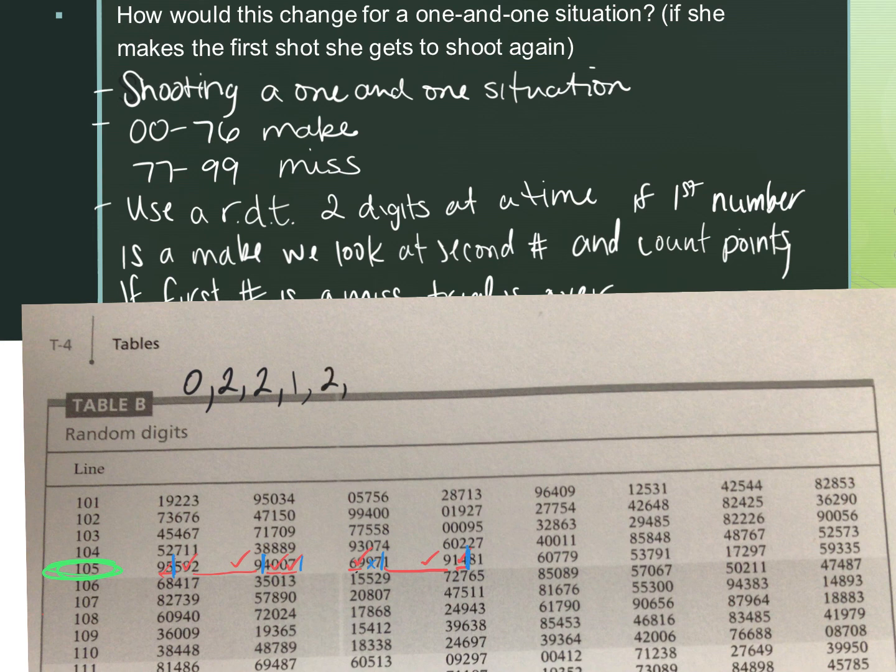The next one is 81. That's a miss. Trial's over, 0. Okay. Next one is 60, make, 77 is a miss. So 1 point. Next one is 95. What's that? A miss. 0 points.